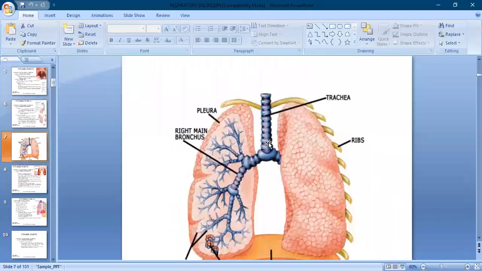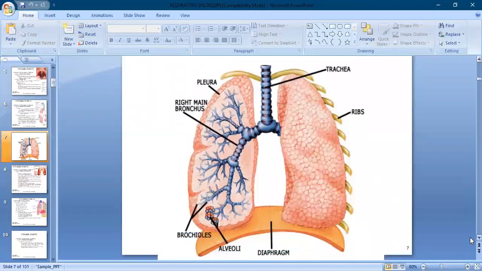What next? In this picture, you see this is the trachea, then it bifurcates into right and left bronchi, and then they again subdivide to every lobe. This is the upper lobe, middle lobe, and lower lobe. So they bifurcate for the lobes here, and finally these bronchioles end with the alveoli.